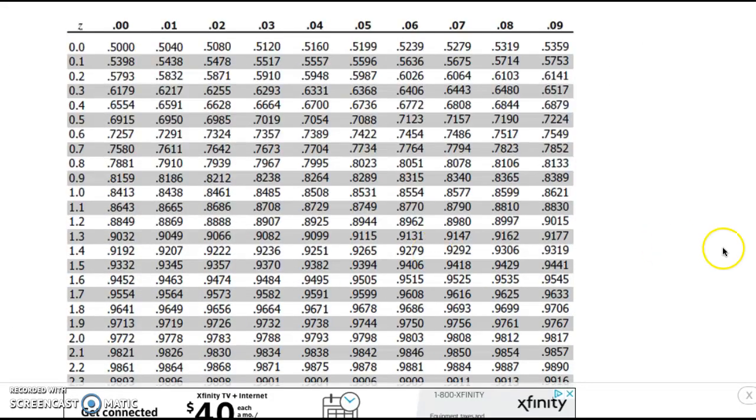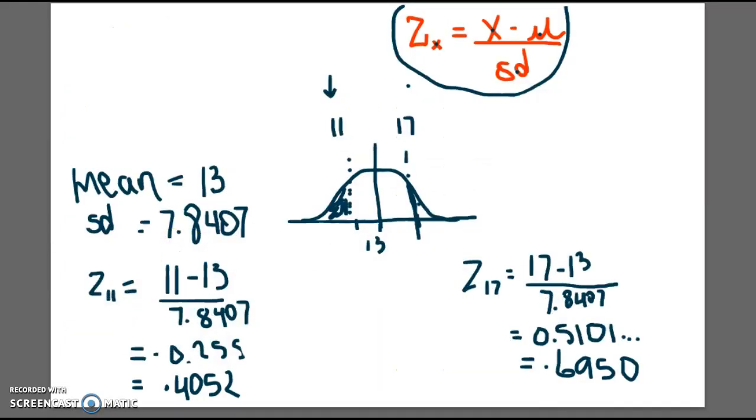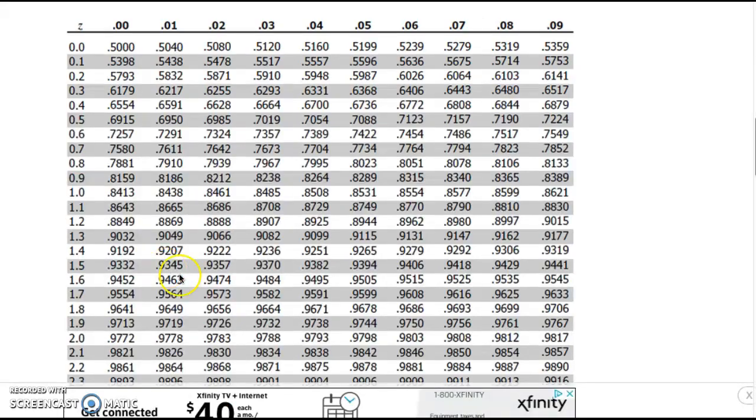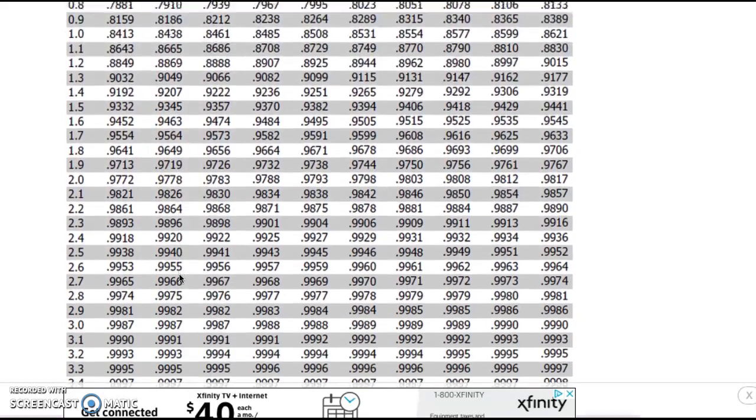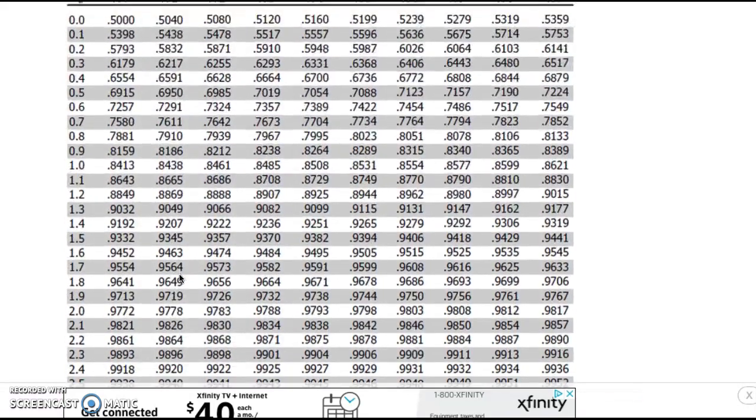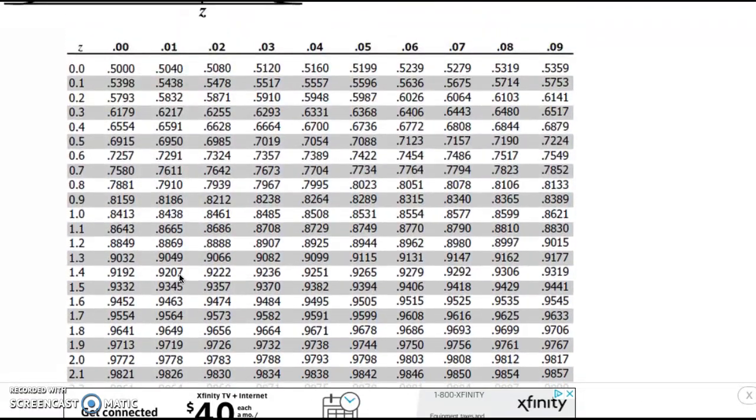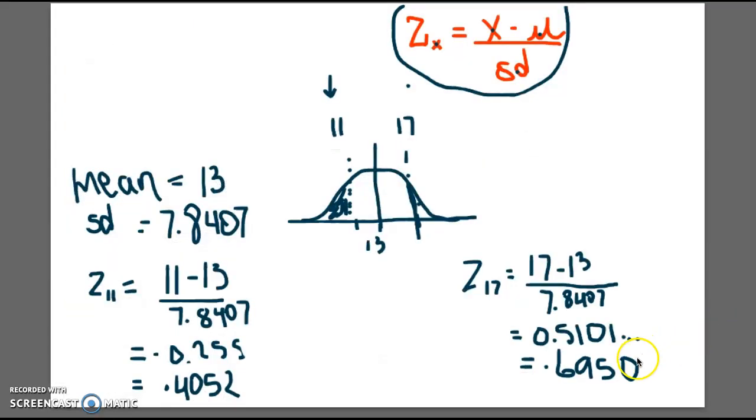I forgot what it was, 0.51. So I'm going to go down to 0.5, where am I, there I am, 0.5, and then I'm going to go to 0.01, pardon me, which is 0.6950. And that's it right there.